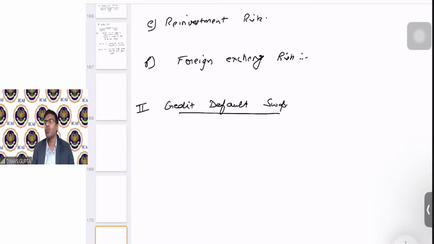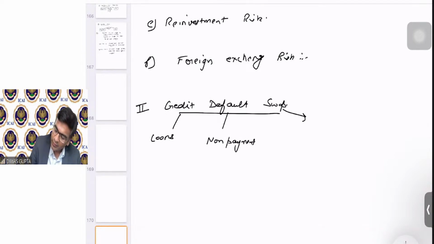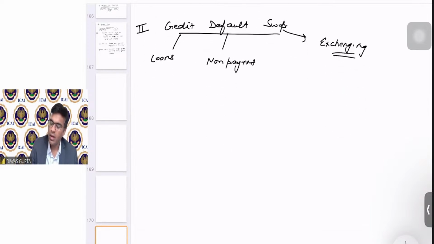So these three terms: credit means again loans, default means non-payment, swap means we are exchanging. Okay, we are exchanging the amounts.